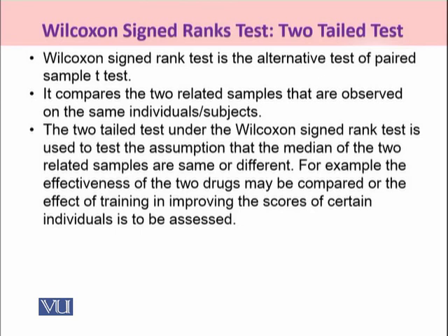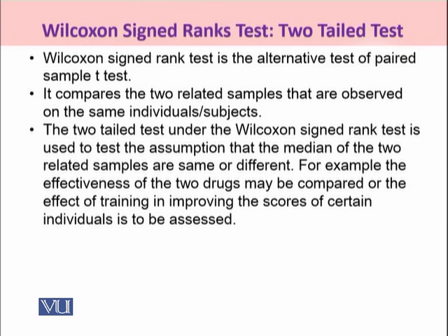Students, if you remember, under the paired sample t-test, we were assuming that the xi's and yi's observations, that means the two related samples, follow the normal distribution or the symmetrical distribution. Normal distribution is a special case of the symmetrical distribution.